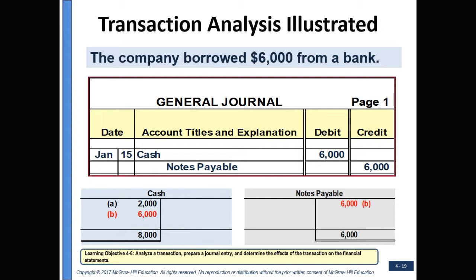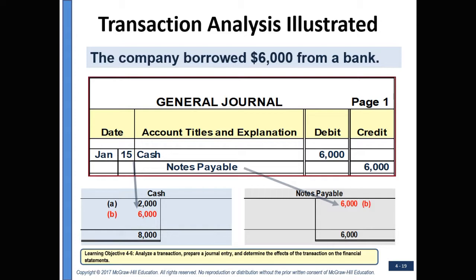The amount of the debit to the cash account, $6,000, is recorded in the debit column. The amount of the credit to the notes payable account, $6,000, is recorded in the credit column. These debit and credit amounts are then posted to the corresponding accounts in the ledger, cash and notes payable.